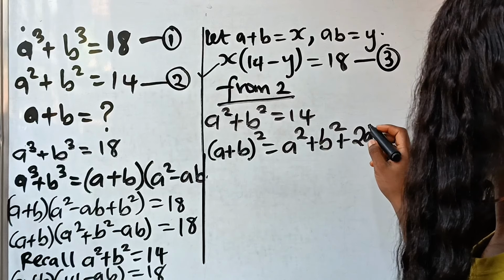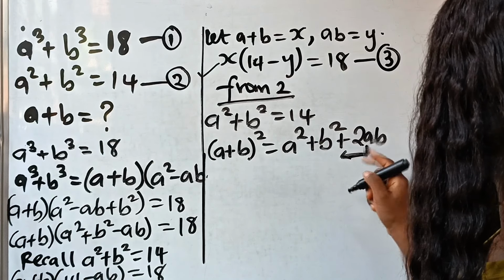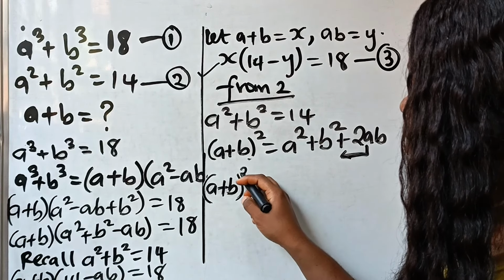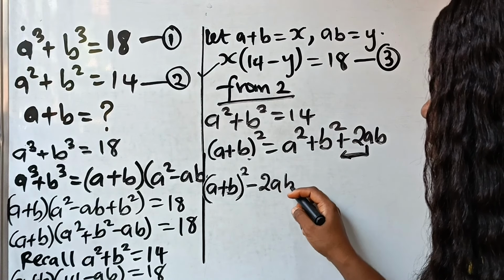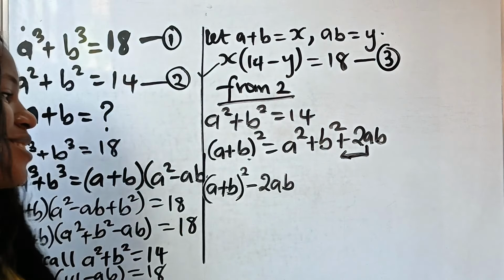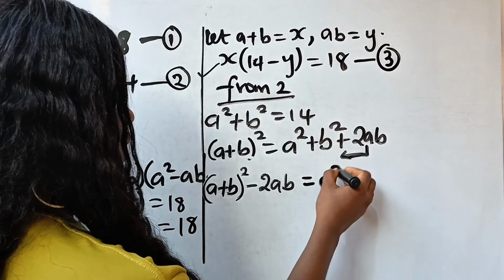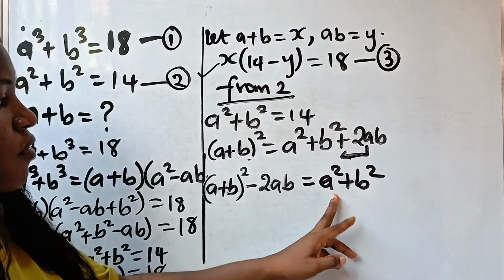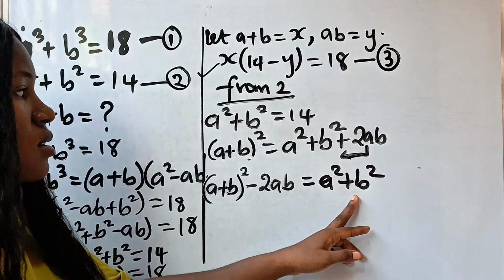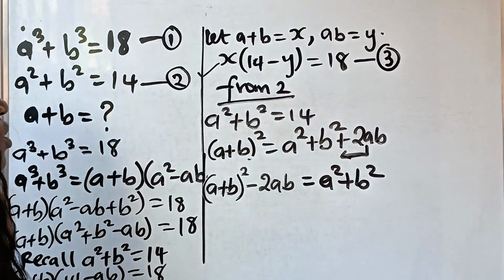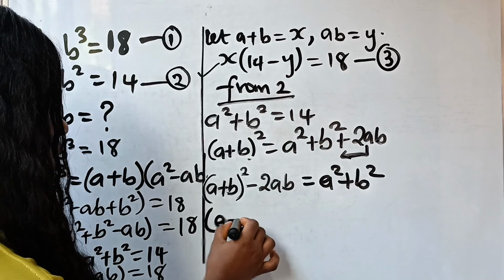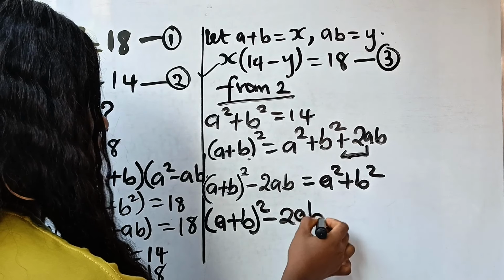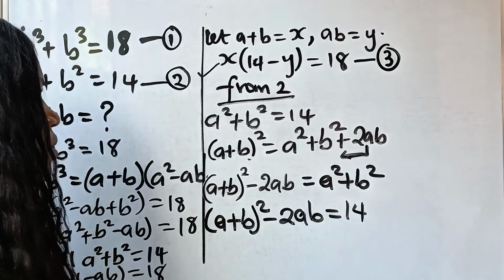If we transfer this to the other side, I will have a plus b squared minus 2ab gives us a squared plus b squared. But we already have a value for a squared plus b squared, which is 14. So we can write this as a plus b all squared minus 2ab is equal to 14.